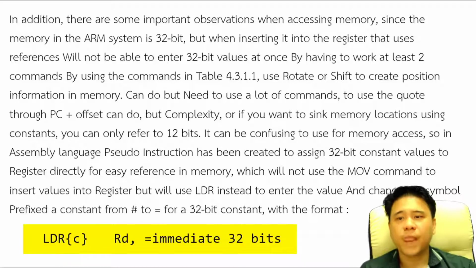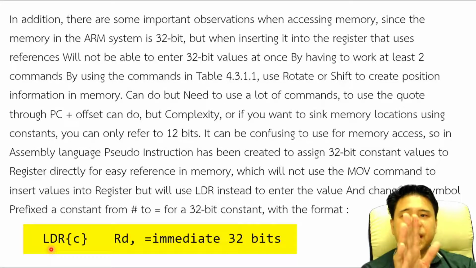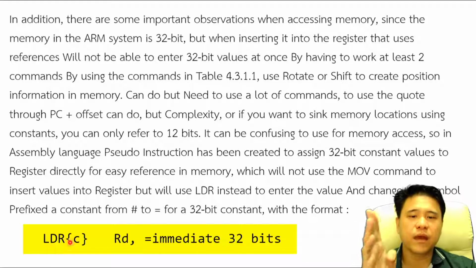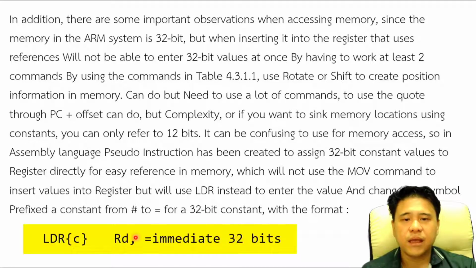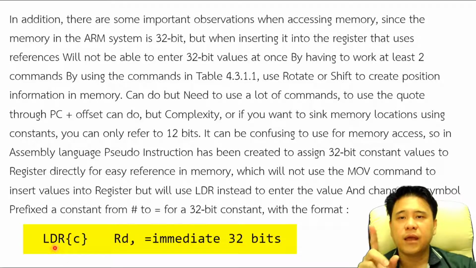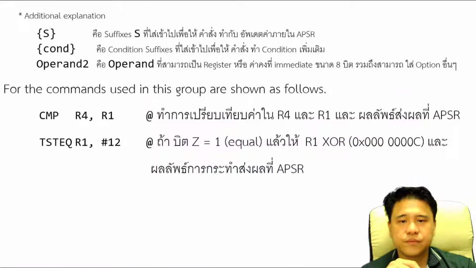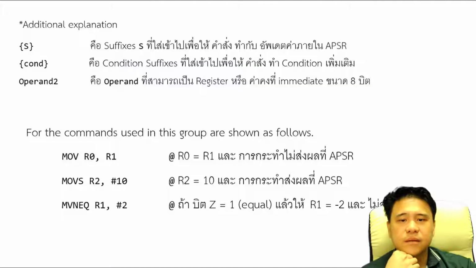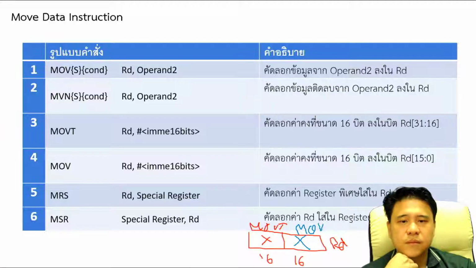Then it will copy the 32-bit immediate value and save it into Rd. Okay, when you use move, let me explain again. When you use move, you can copy only 16 bits into Rd, and you have MOVT and MOVW, right? Let's go back a little bit. Here, MOVT means you use this one, and MOV you use this one.